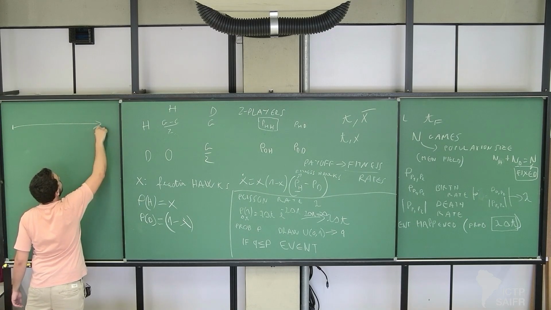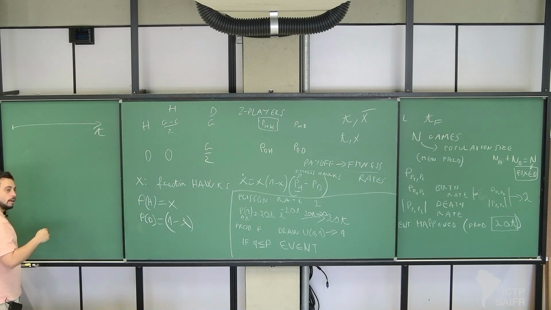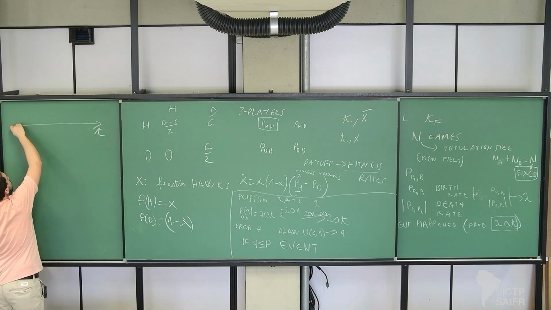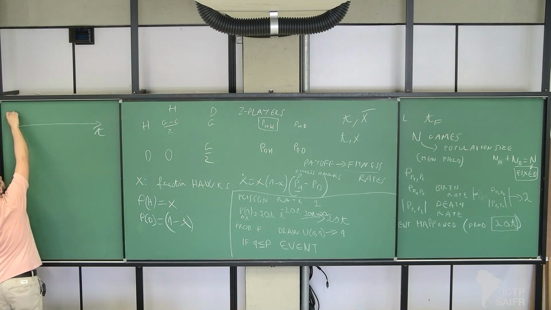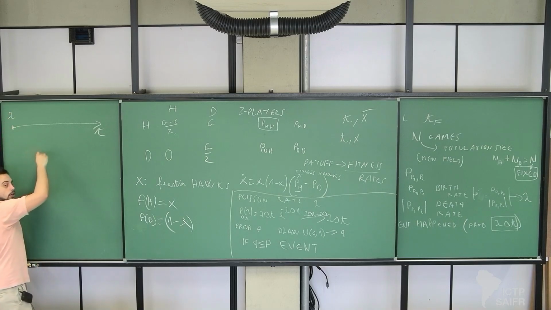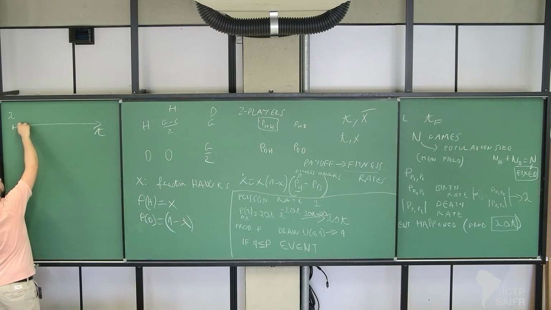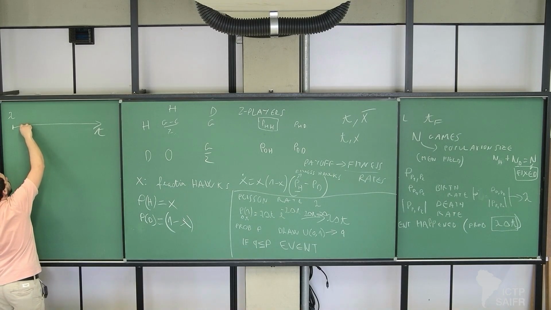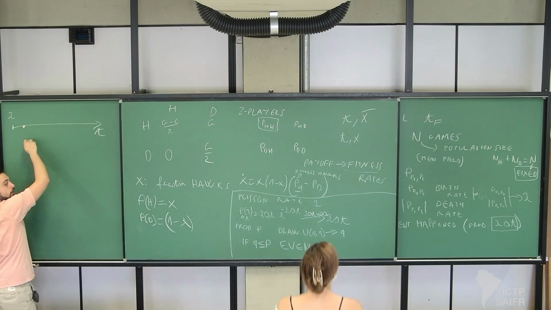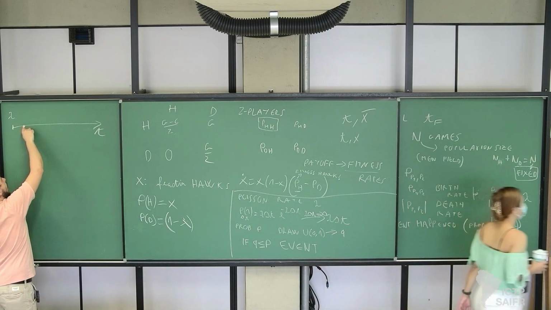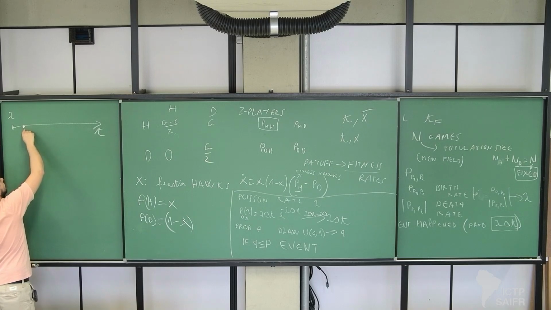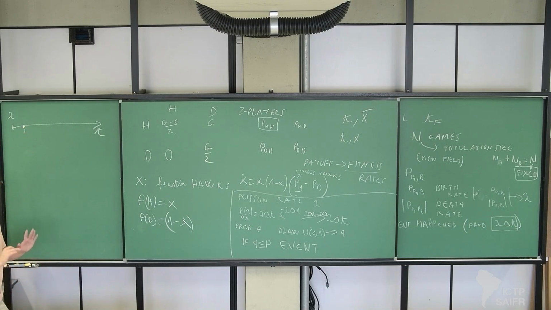Say that this is time, okay? And you have a certain rate, lambda, that determines when events can happen. This means that in a Poisson process, you can have an event here, okay? This is an event. This is not the only stochastic process, okay?